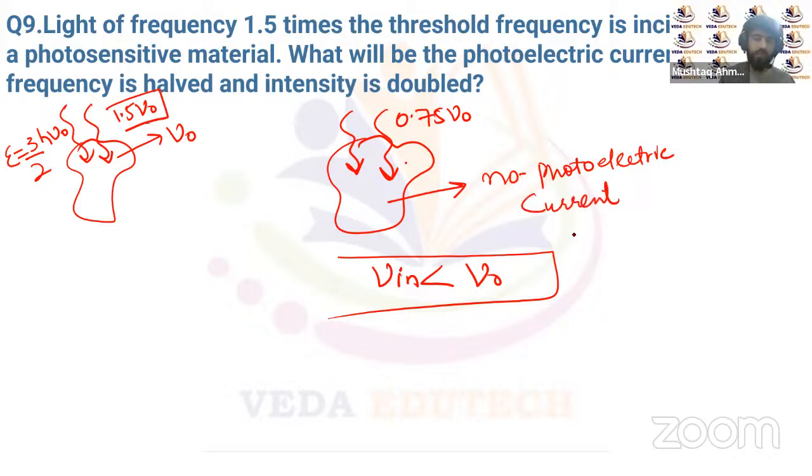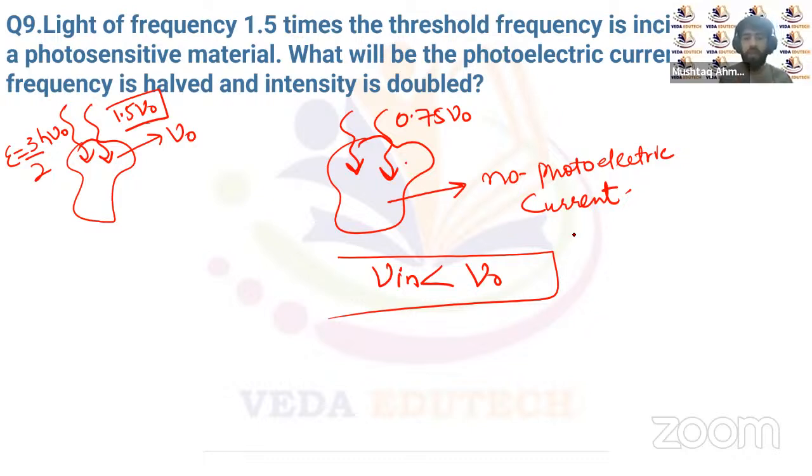And we know that the minimum energy required to have the photoelectric emission is what we call the threshold frequency, right? So we should have the threshold frequency so that photoelectric emission takes place, and this is independent of the intensity of the incident ray of light.